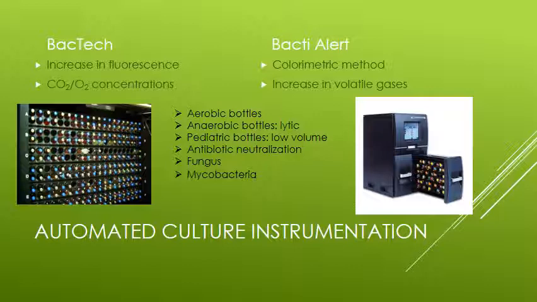So the fluorescent material acts as kind of a substrate in the bottle. The CO2 reacts with the dye, which then interferes with the ability of that fluorescent material to absorb light. And there's a photodetector at the base of each station.